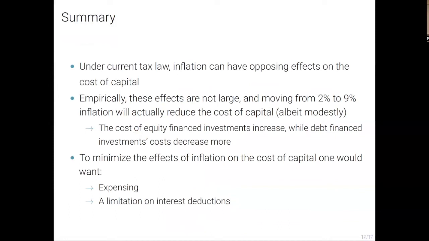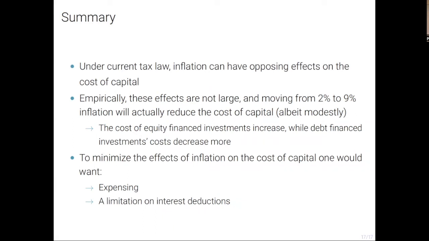To minimize the effect of inflation on the cost of capital, there's a few things that could be changed with respect to tax policy. Essentially, a movement away from our current corporate income tax system and towards a cash flow tax would eliminate the effects of inflation on the cost of capital. That means expensing and a limitation on interest deductions.